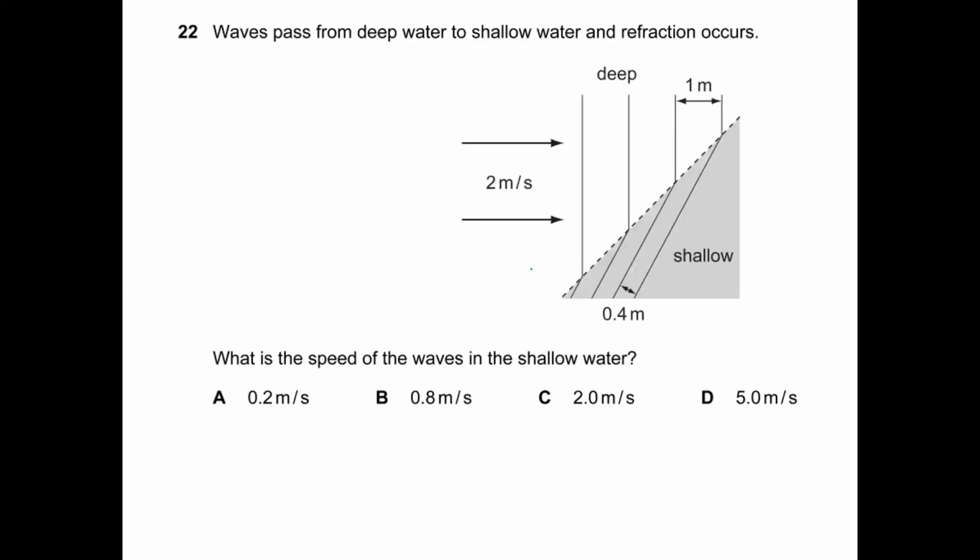Now look at this question. Waves pass from deep water to shallow water and refraction occurs. What is the speed of the wave in the shallow water? Read the question.